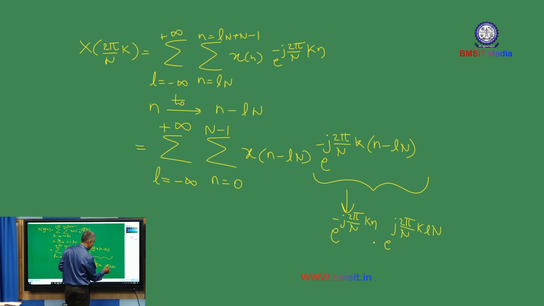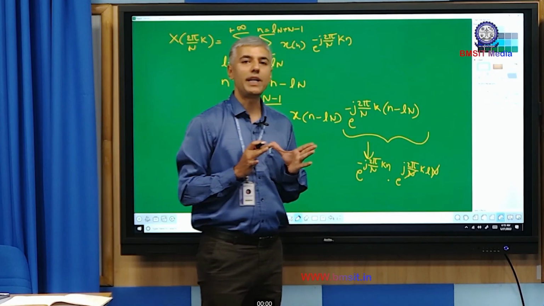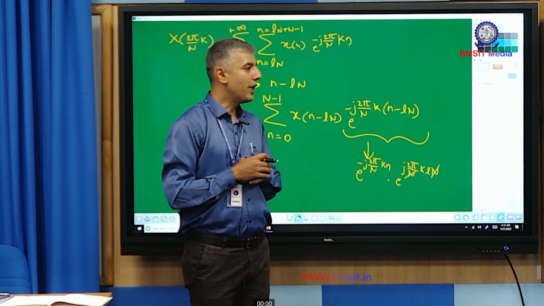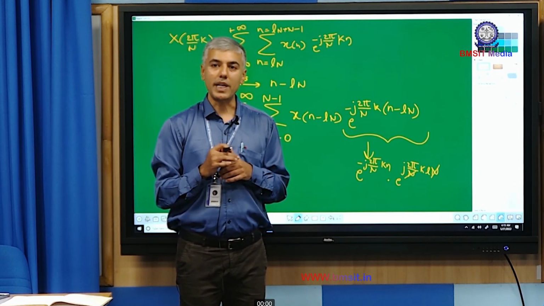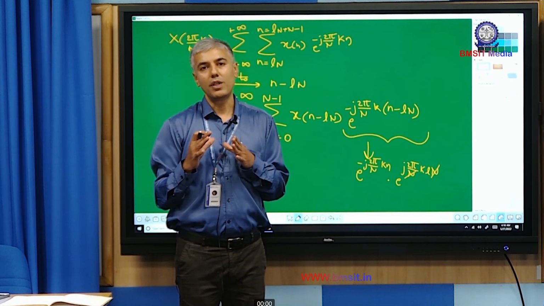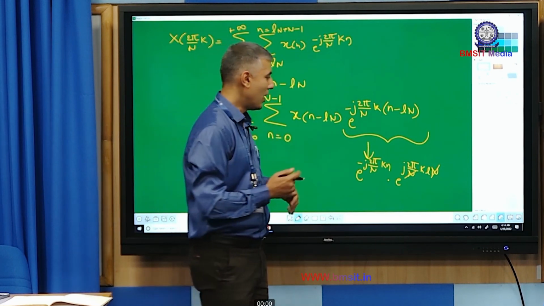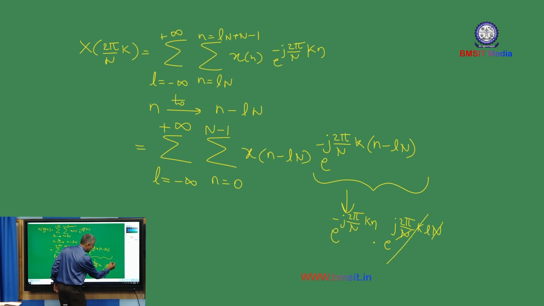Okay, so over here this n gets cancelled, and we get e raised to j 2 pi k l. If you observe, both k and l are integers. The product of these two integers is again an integer. So e raised to j 2 pi k l will be of the form cos 2 pi minus j sin 2 pi, which results in a value of 1. So this whole term is equal to 1.